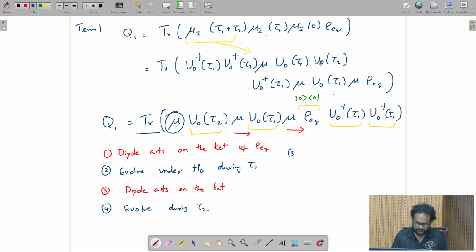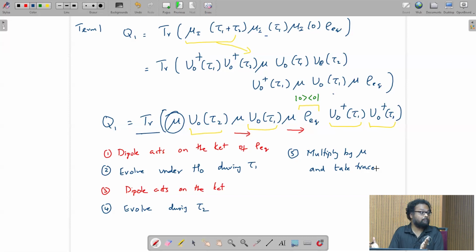The fifth and final step is to multiply by mu and trace. Okay? Makes sense?